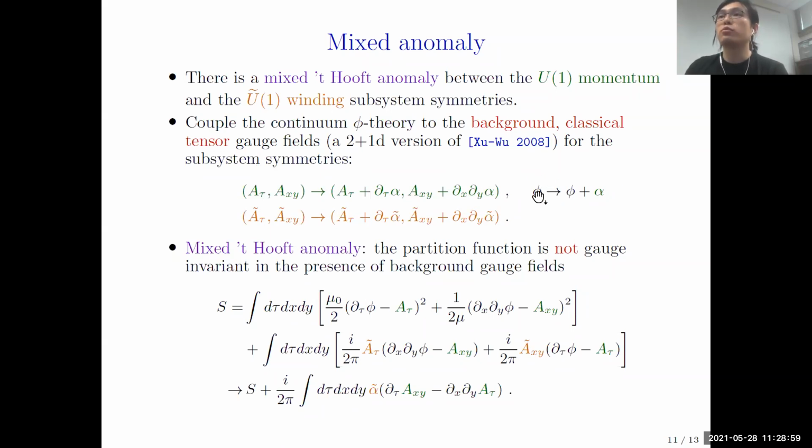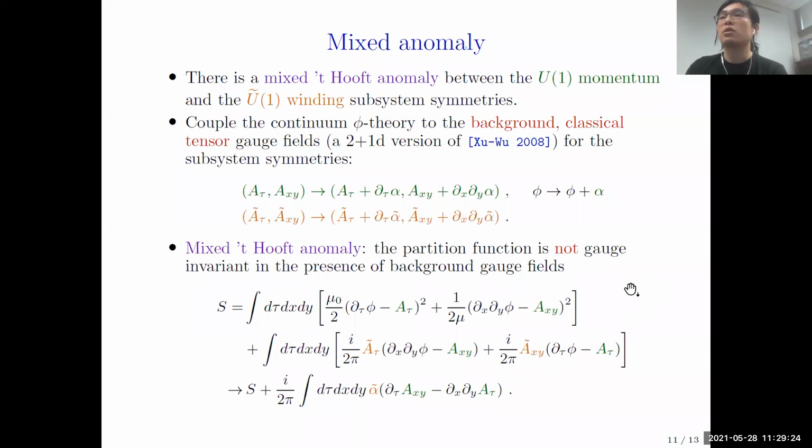As before, phi transforms under the gauge parameter alpha, so all of these derivatives will not be gauge invariant. We can compensate that by adding appropriate components of A. In the first line, these are the modifications of the kinetic terms. And in the second line, this can be understood as coupling the winding current to the winding background gauge field.